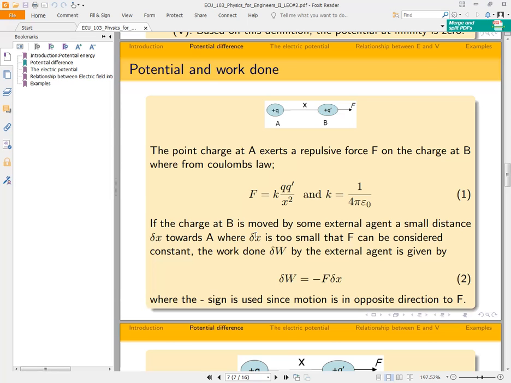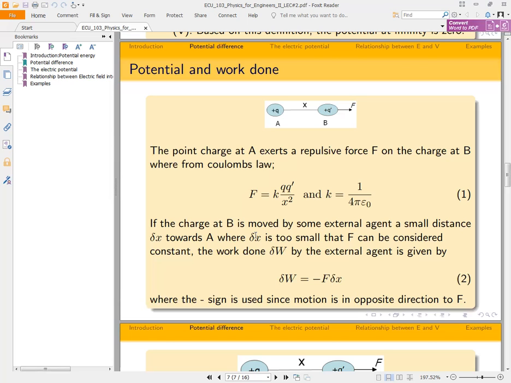So we are saying that the charge at B is moved towards A, all right? It is like forcing it, because remember, A is positive, B is positive. So when you bring B towards A, it simply means you are moving it against the electric force, because they are supposed to be repelling, but you are going against the repulsive force.